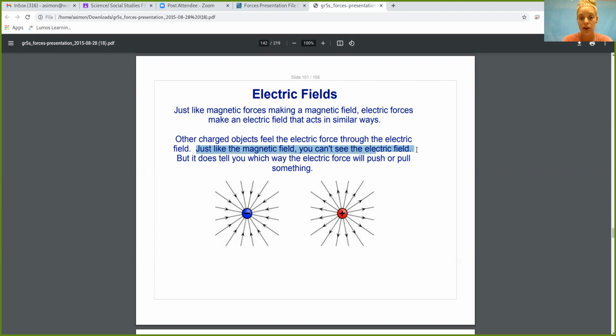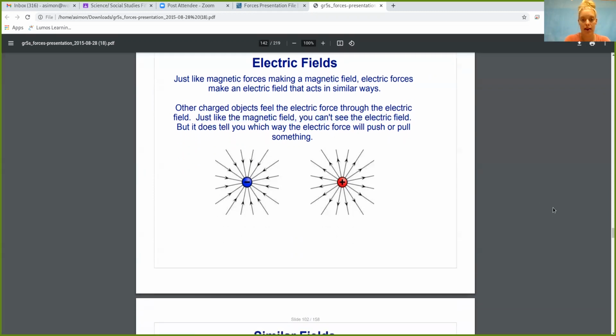It's invisible, but they are there. But it is going to tell you whether the electric force is going to push or pull, whether it's going to be attracted or repelled.